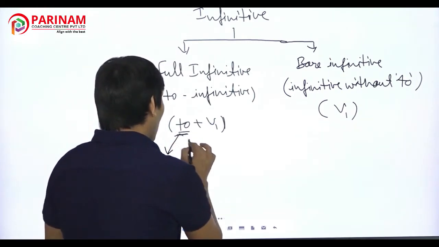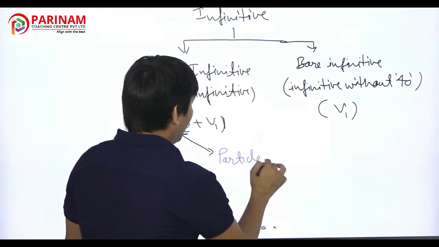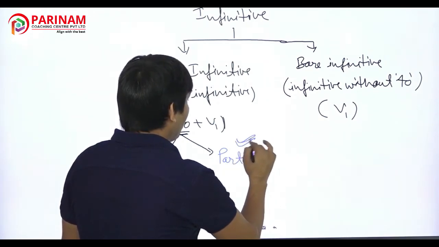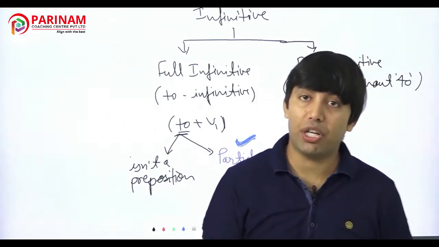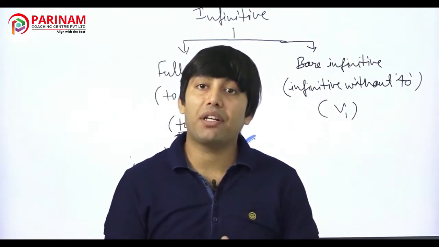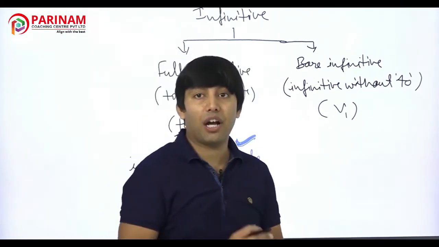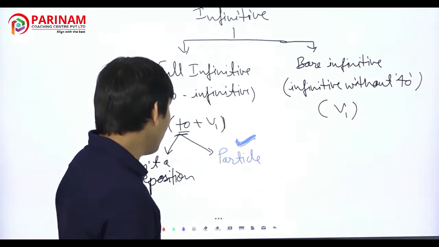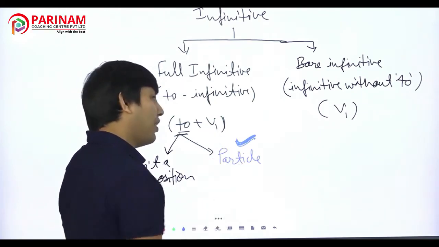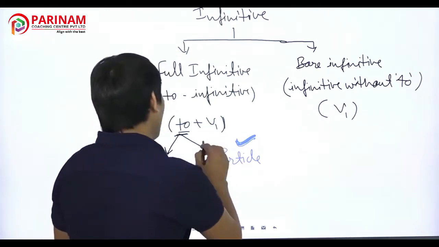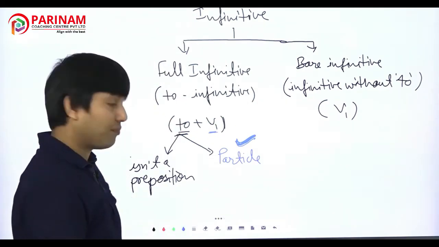This we call a particle. To is called a particle. It is the only particle in English grammar. Got my point? Okay. So to is not a preposition, to is a particle. And after this particle we use V1, the first form of the verb, and we call it full infinitive. Okay.